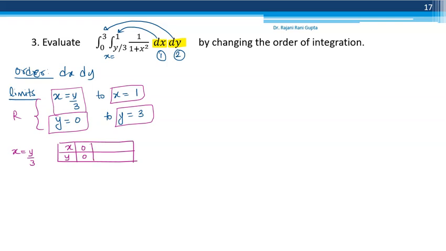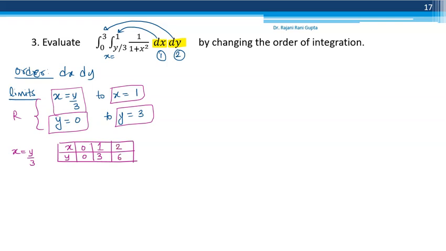I'll recommend to use those values of y that give you non-decimal values of x. It's easier for you to plot. For instance, choose y to be 3. So you'll have 3 divided by 3. This is 1. Choose y to be, say, 6. It gives you 2.